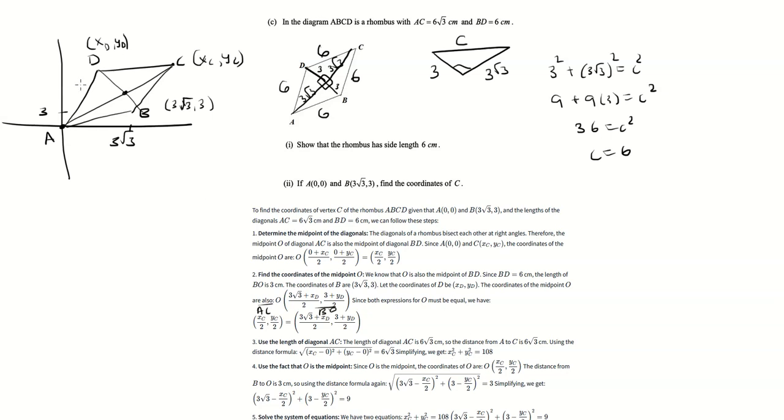Then we can find the distance of BD: the square root of the difference of the x squared plus the difference of the y squared. So that's 3 root 3 minus xc over 2 squared plus 3 minus yc over 2 squared.